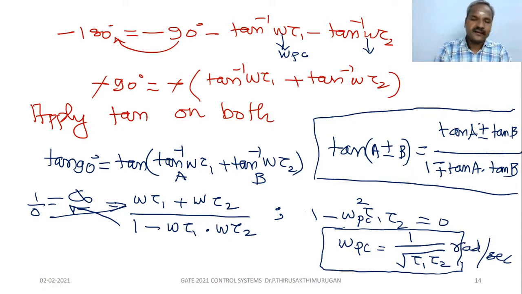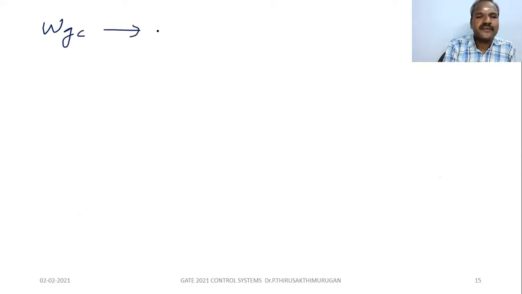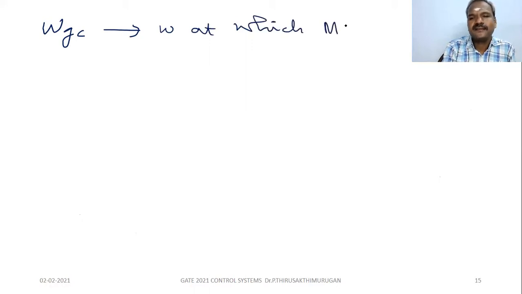Next, what is gain crossover frequency? Omega GC. What is omega GC? The frequency at which the magnitude is unity. Am I right or wrong? So omega GC is where the magnitude is unity. Okay, forget about that. What is gain margin?